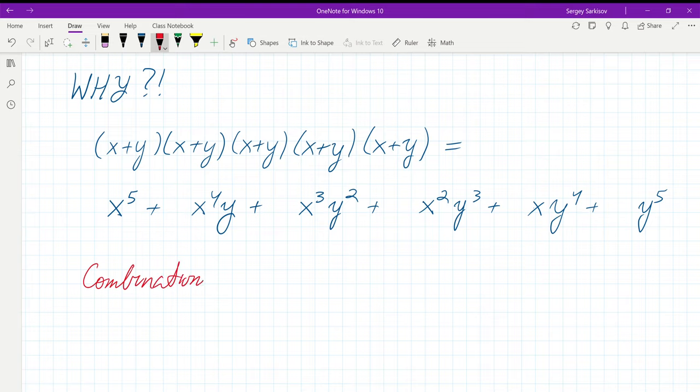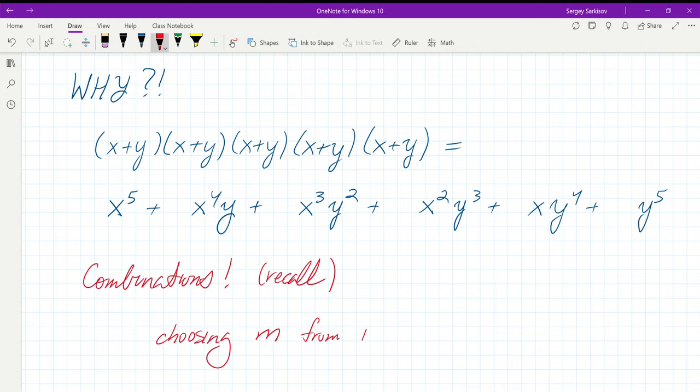If you remember combinations, this is big. Combinations. Recall that choosing m from n objects can be done in how many ways? In n choose m ways, right?